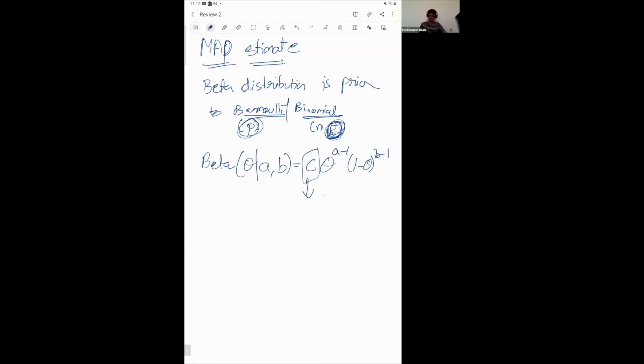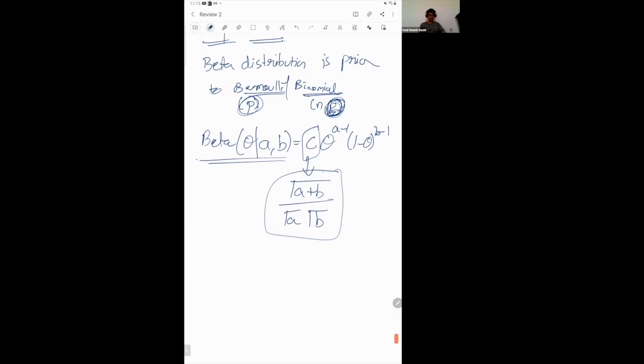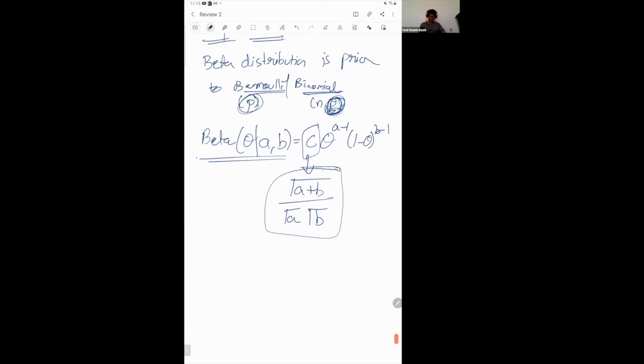So this is gamma of a plus b over gamma of a times gamma of b, and you should go ahead and read about the beta distribution if you are not familiar with it, and why this term came here, because if you integrate it out, you would just get 1 by beta of a, b, and beta of a, b is the inverse of this.